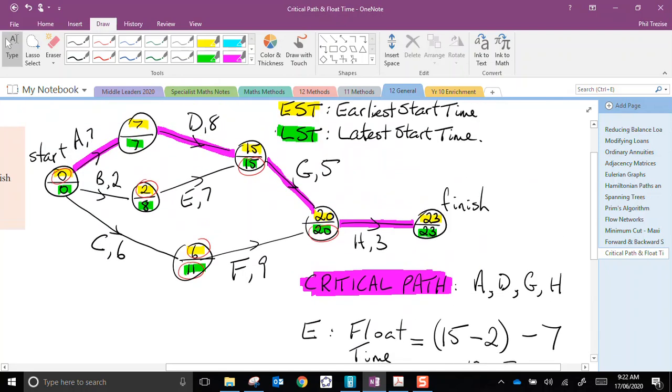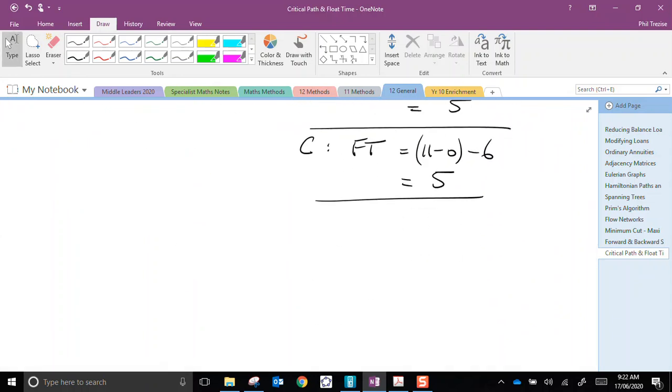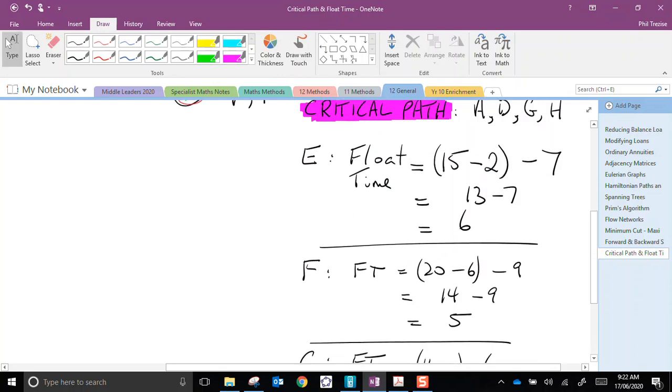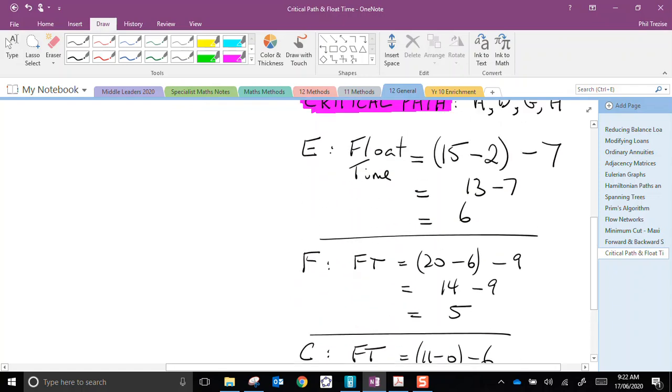And job B, have to do all of them. That's 8, take 0, with an activity duration of 2. So for job B, 8 take 0 and the activity took 2, that's 6. Now we can see here that some of them have more float time than others.